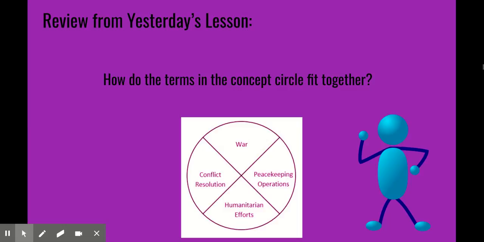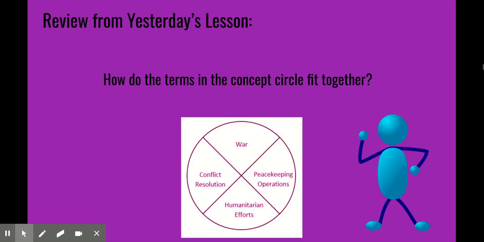During our last video, we explored international conflicts. Your independent task was to write about this concept circle and explain how the four terms fit together. Your terms were war, peacekeeping operations, humanitarian efforts, and conflict resolution. The United States has been involved in many international conflicts dealing with all four terms.